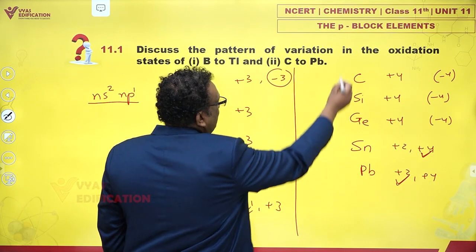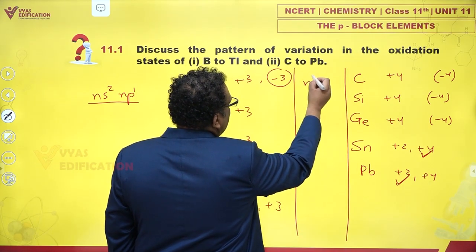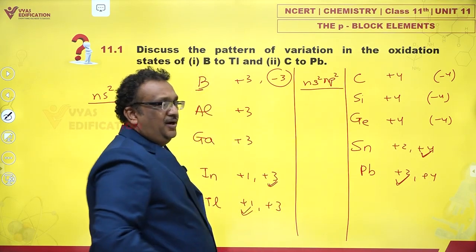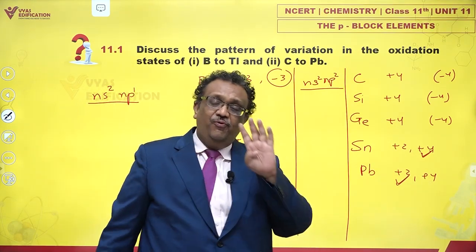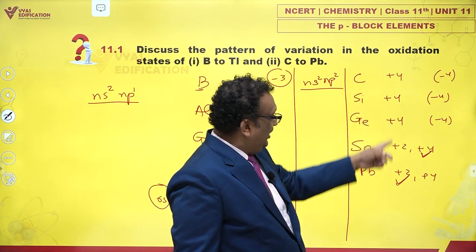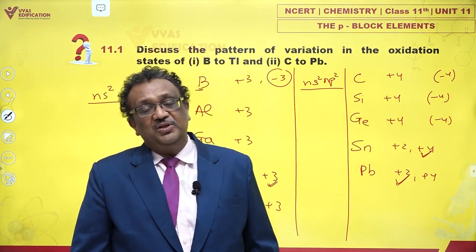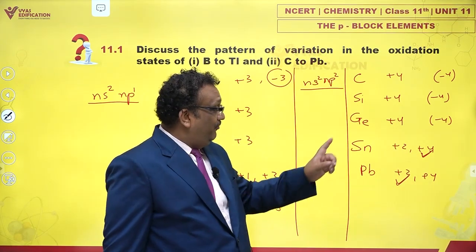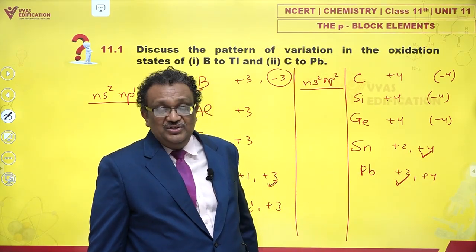Some answers are very similar. The general electronic configuration is ns2np2. When both the s and p electrons are lost, 4 electrons are lost, and that is why there is a common oxidation state of +4. As you move down, the stability of the lower oxidation state increases.